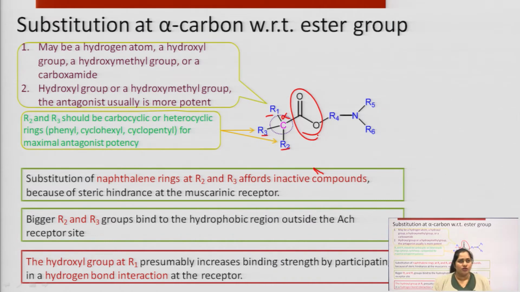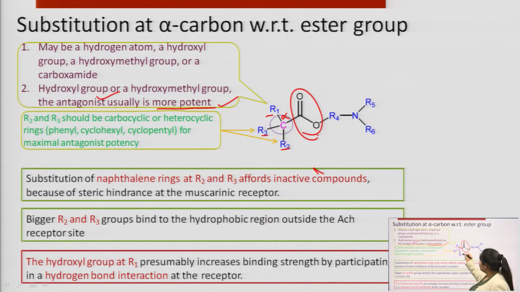When we have a hydroxyl group or hydroxymethyl group, generally the antagonist activity is usually more potent. On further substitution, it has been seen that they can produce even antagonist property.